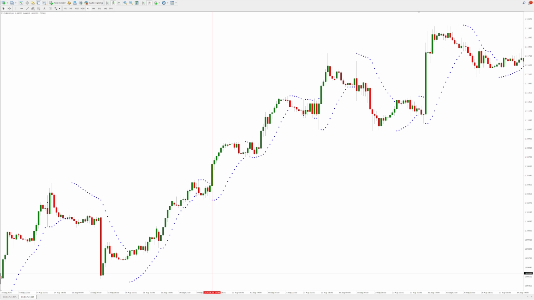We're going to wait for the Parabolic SAR to show us a reversal, so when the Parabolic SAR goes on the other side of the direction we're looking to trade, and we're going to wait for the Parabolic SAR to go back on the other side of the direction that we do want to trade in, and for price to break out above the previous Parabolic SAR. So we can basically treat that as a resistance level.